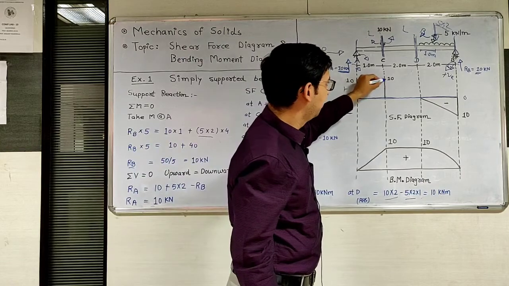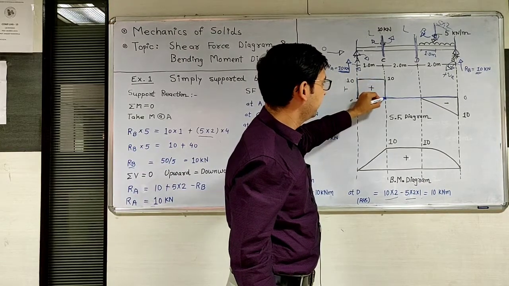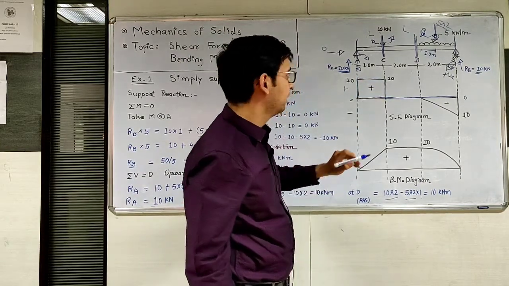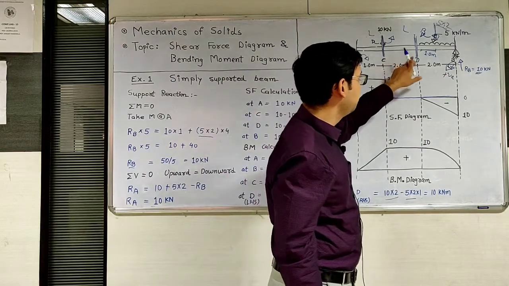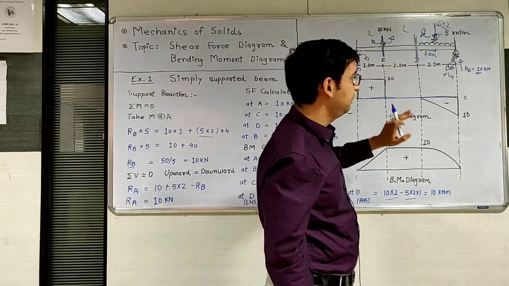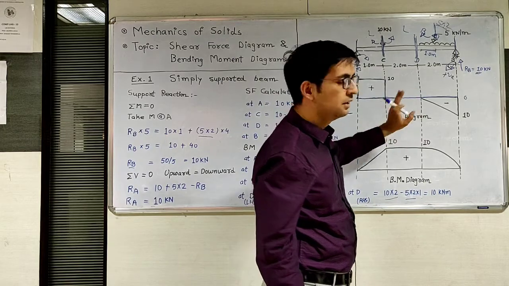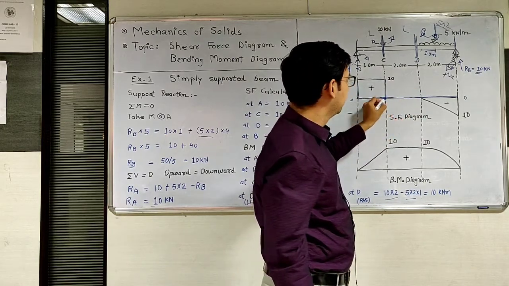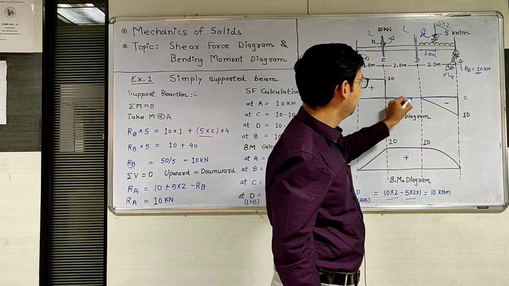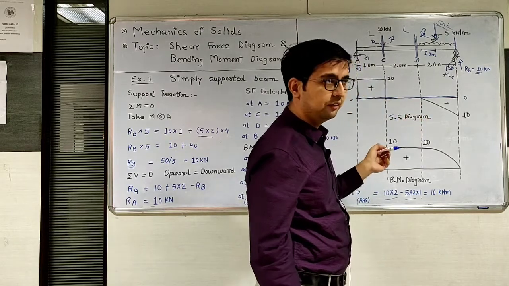So draw a vertical line and connect with the 0-0 line. Now from C to D point there is no load, and if there is no load the shear force line is horizontal. So draw a horizontal line from C to D at the 0-0 level.